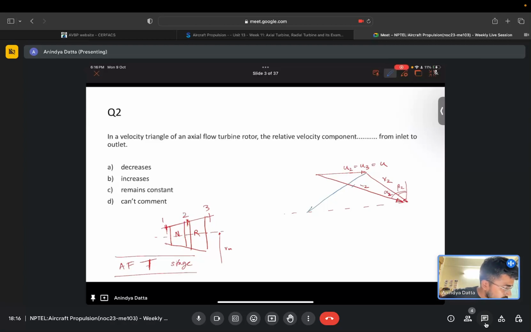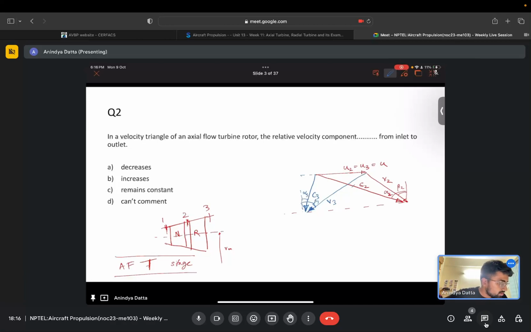So this is now our v3, and u plus v3 should give us c3. Again, if I draw the angles, this is alpha 3 and this is beta 3. Beta is the angle that the relative velocity vector makes, and that is also the blade angle. Beta is the blade angle and alpha is our absolute velocity angle.